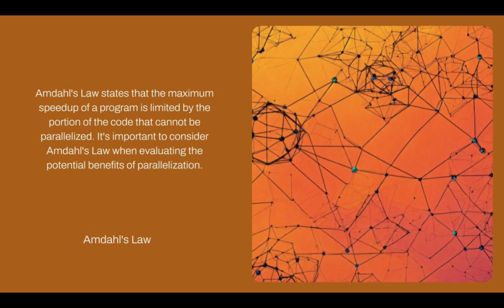It all goes back to Amdahl's law. The maximum speed up is limited by the portion of the code that can't be parallelized. So always remember Amdahl's law when analyzing performance bottlenecks.